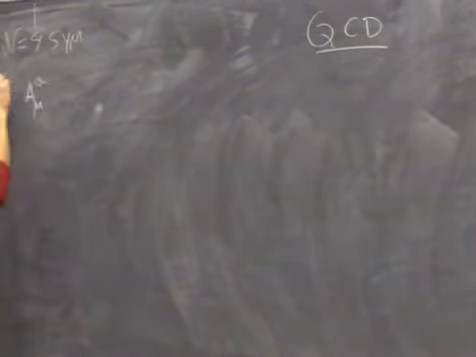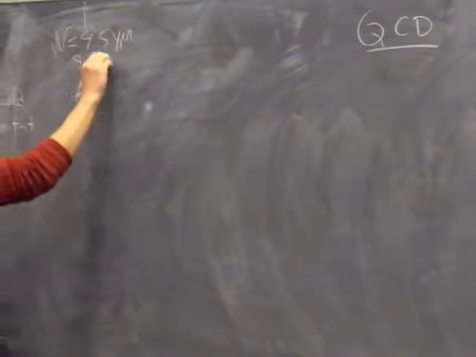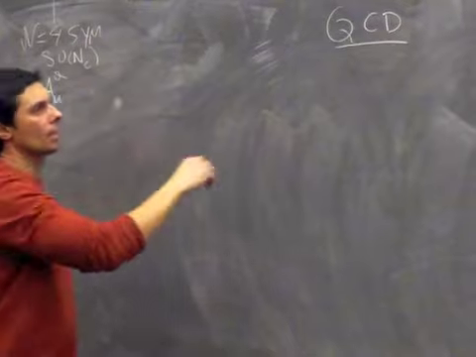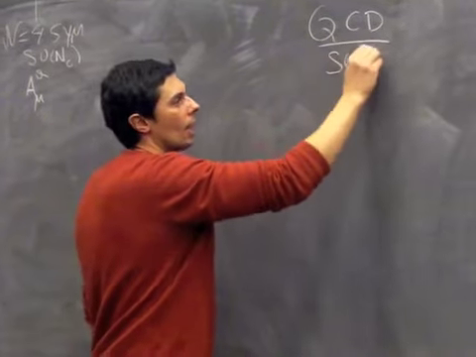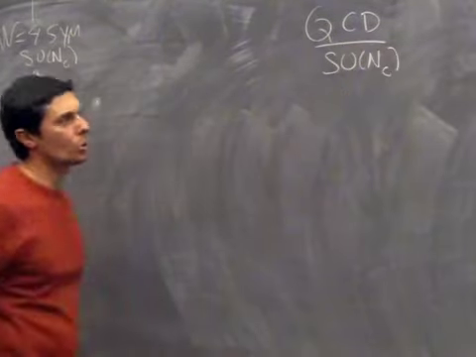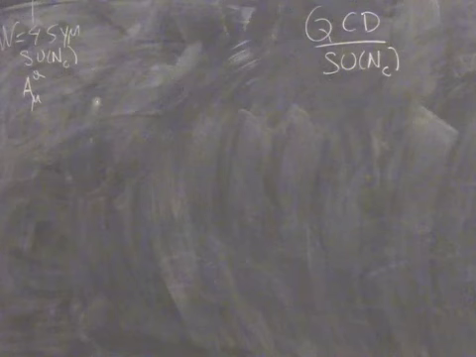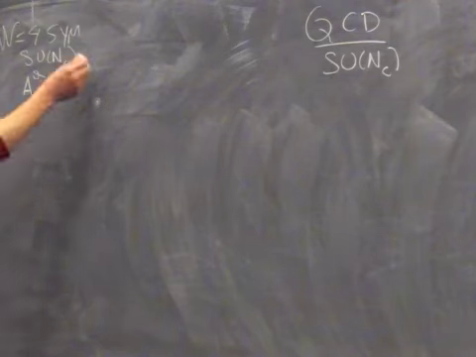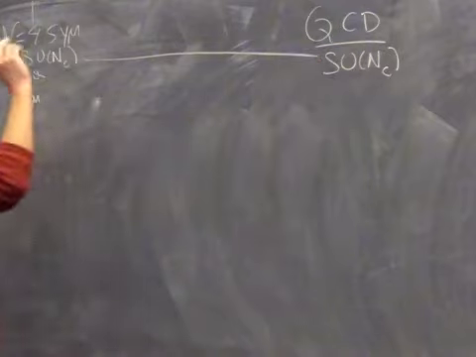Gauge group wise, this is SU(N_C), and allow me to take QCD with SU(N_C), assuming that going to N_C bigger than 3 will not change a lot the physics. It will change the numbers, but not the physics. So gauge group wise, we're okay.